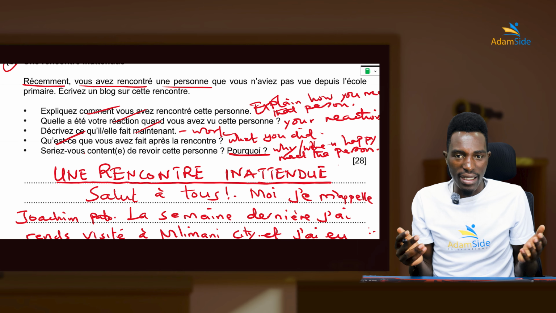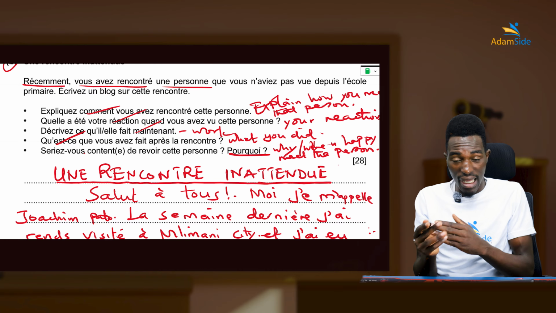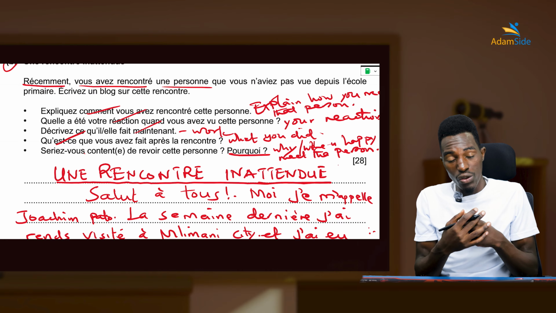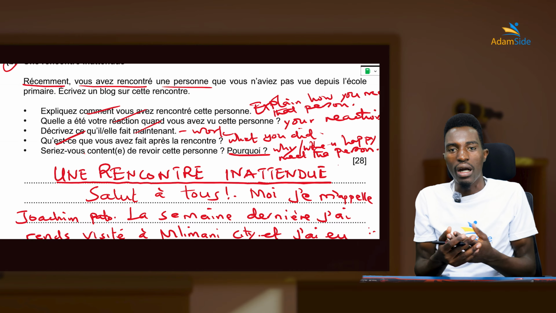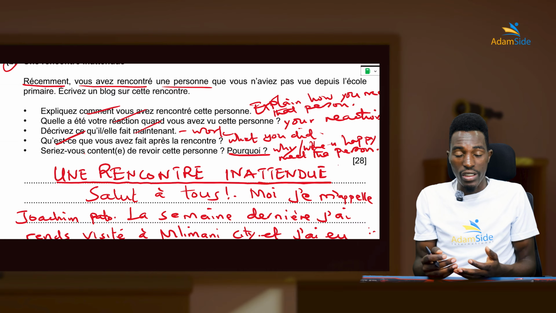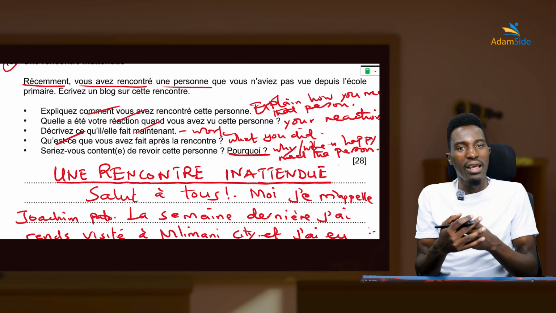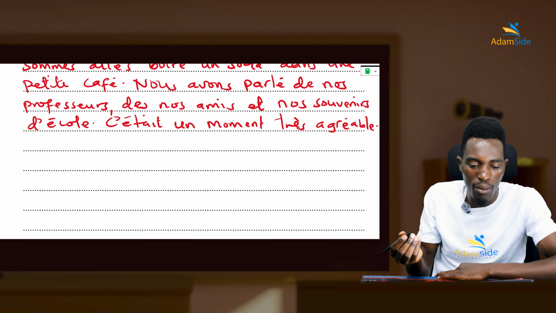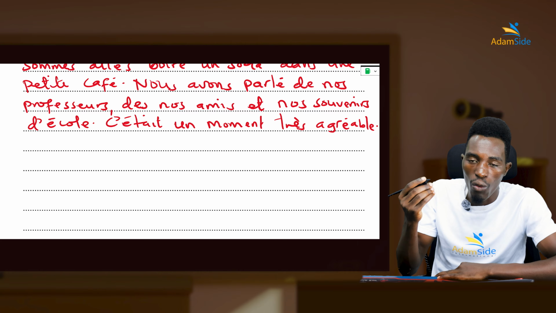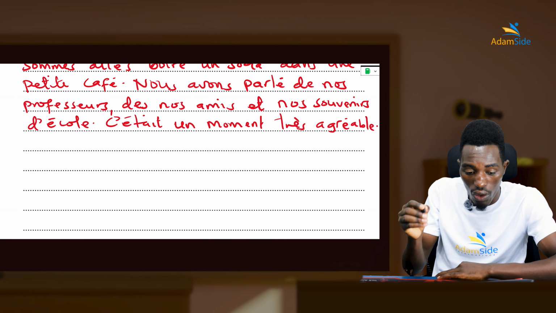You just have to write the reason that you enjoyed meeting him or her. It's your free choice to say negative or positive. So let's go and write. I'm going to write about whether I was happy to meet Paul or not.